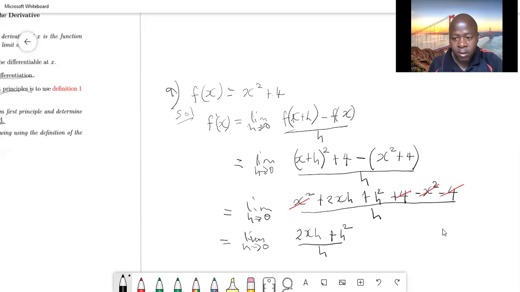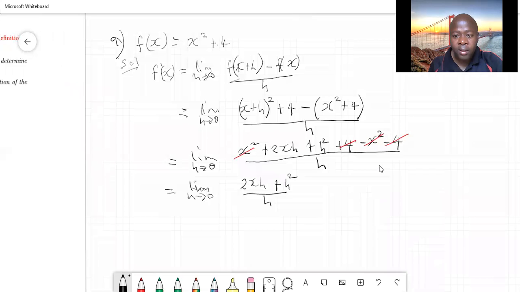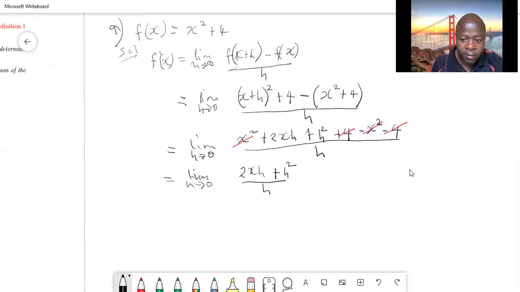At this point, since we are avoiding division by 0, we have to factorize our numerator and then cancel out the h, so that we have no h in the denominator, because if you plug in h here, h is 0, you would have division by 0.